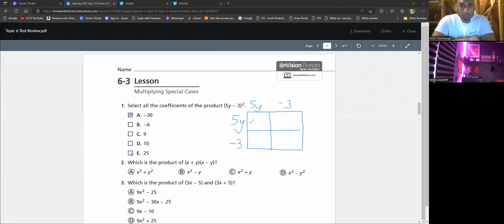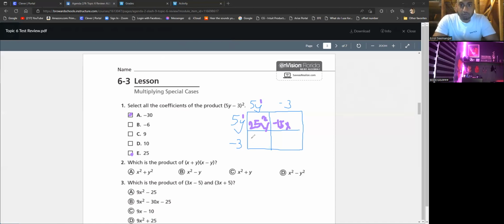Right here, 25y. So your muscle memory kicks in. What's the exponent there? Isn't it 2? Yes, y squared, on the y, not on the 25. Negative 15x.